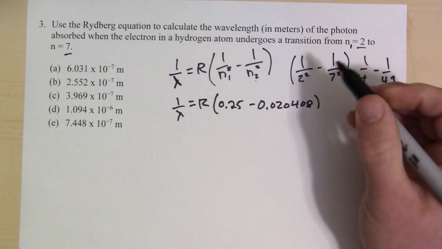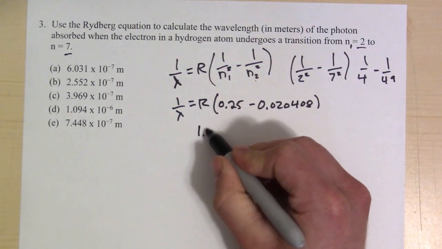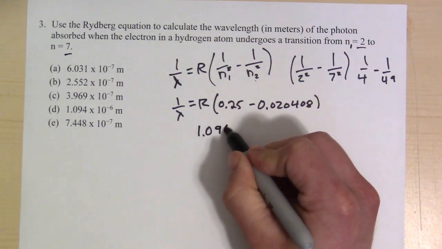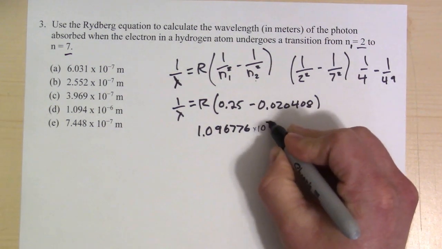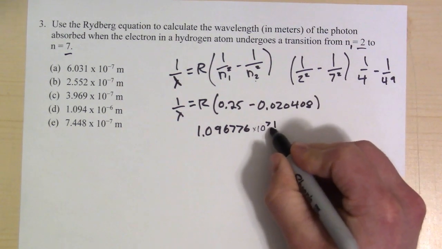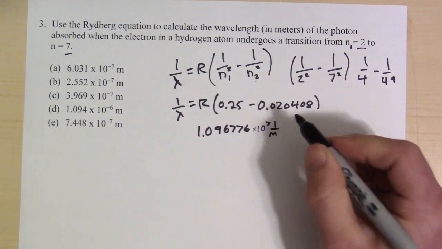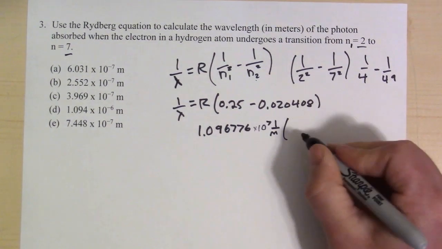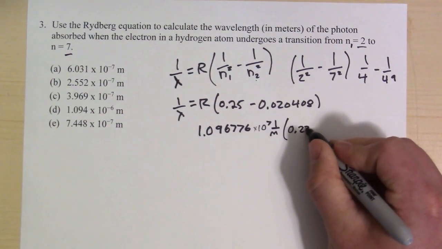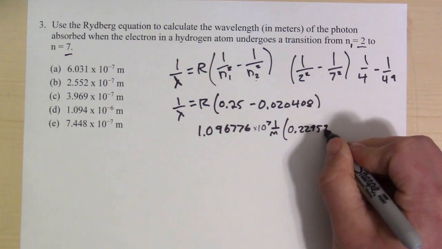So then we can add in our Rydberg constant, 1.096776 times 10 to the 7th, and that is inverse meters. We'll multiply that times the difference of those two, 0.229592.